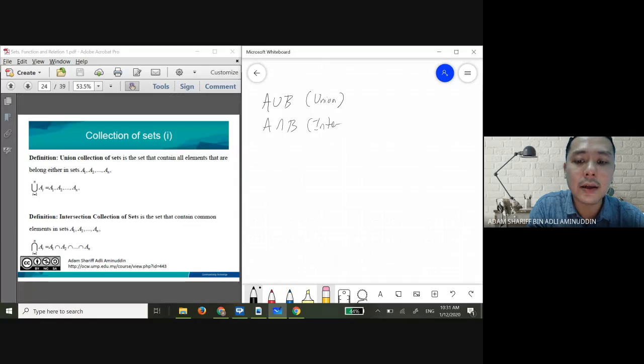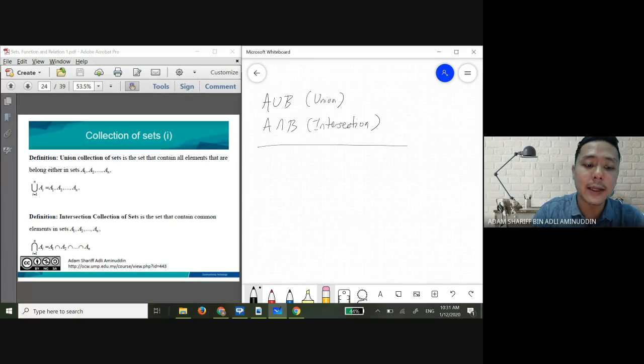Konsep ni korang dah tahu lama, tapi this involves two sets only, A and B. Jadi korang tahulah buat. Tapi imagine if you have several finite sets. Okay, contoh saya buat Ai.